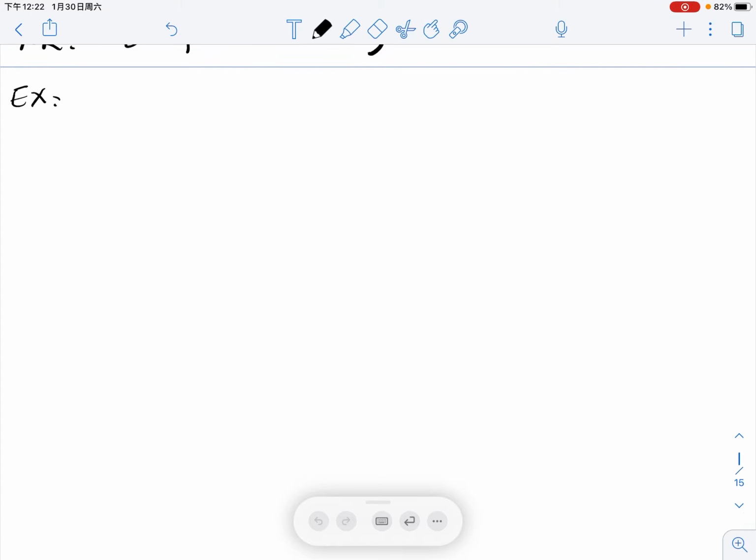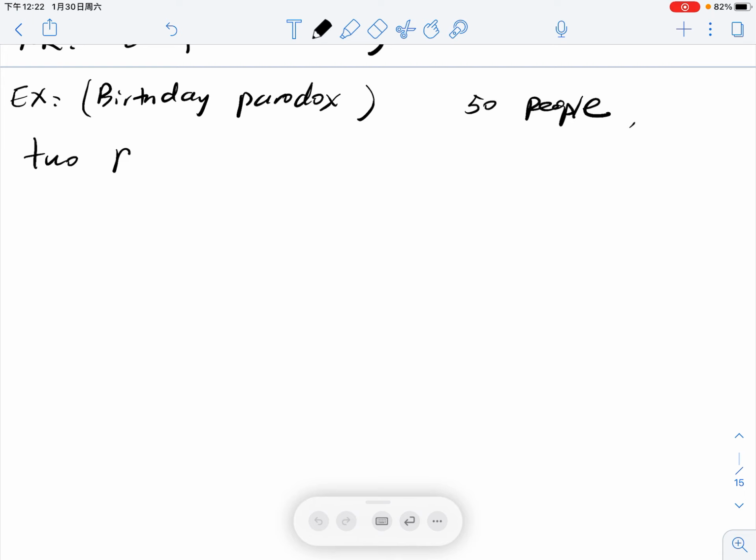Okay, I think we don't have time to talk too much about the birthday paradox, but you can search on Wikipedia. So suppose we have 50 people, and then 2 people have the same birthday.